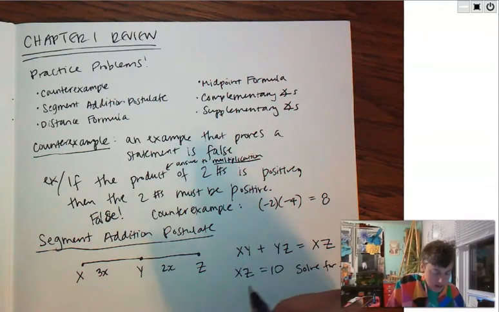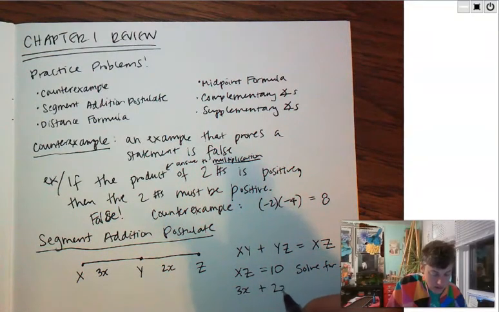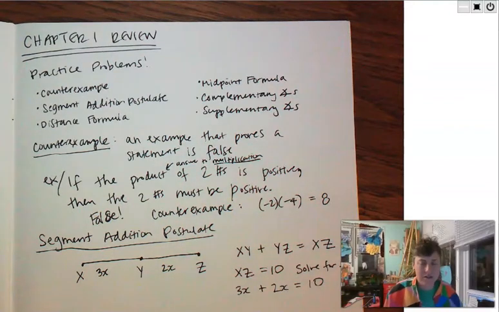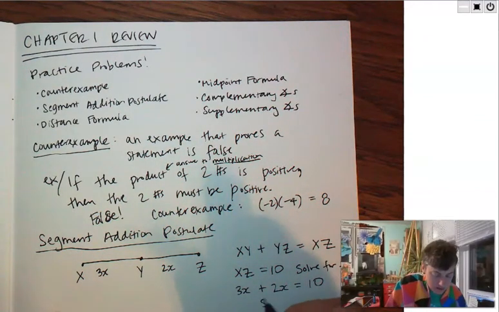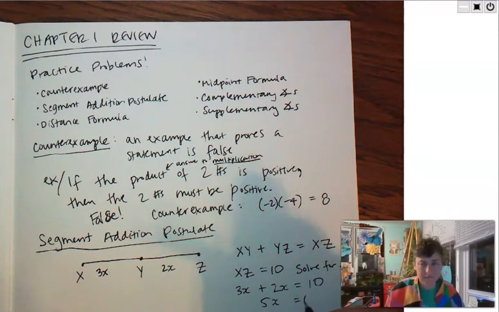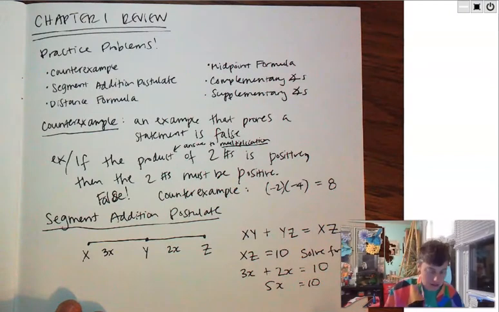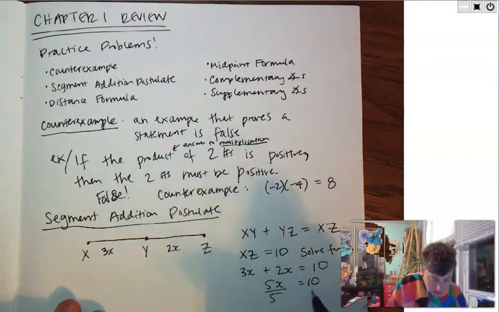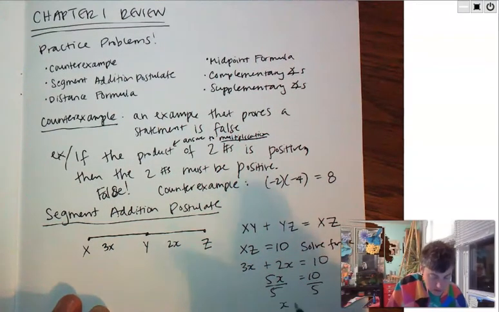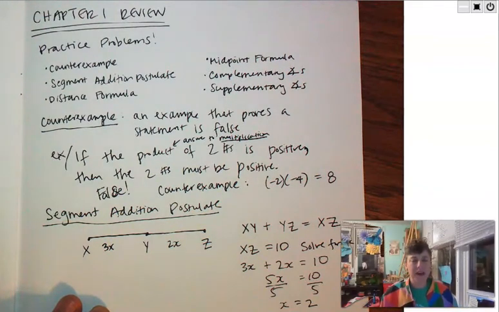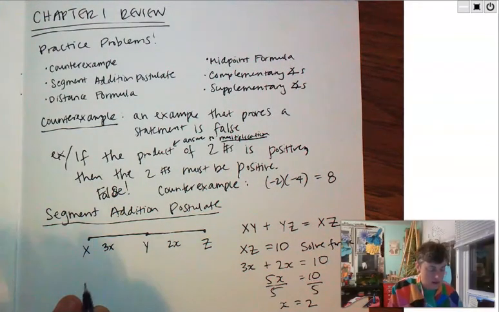XY is 3x. YZ is 2x. And XZ is 10. So I can combine my like terms and get 5x equals 10. And you guessed it, x is going to equal 2.